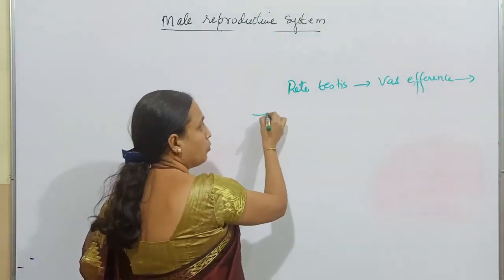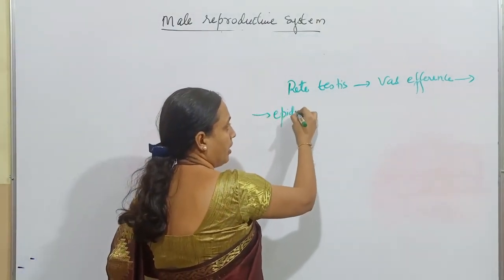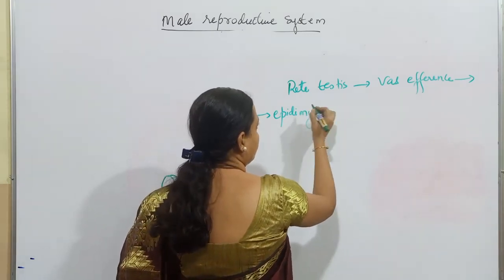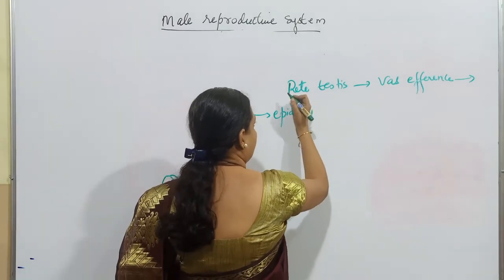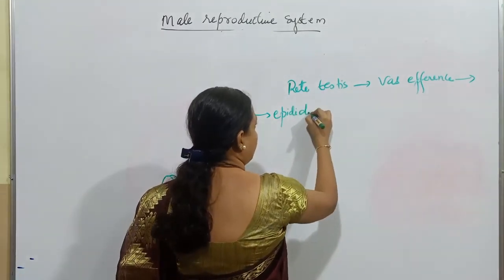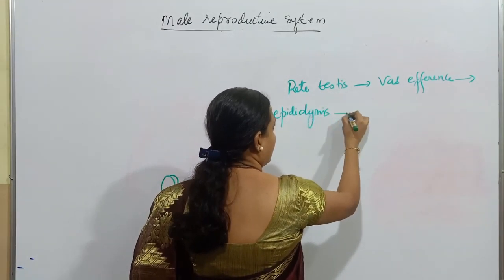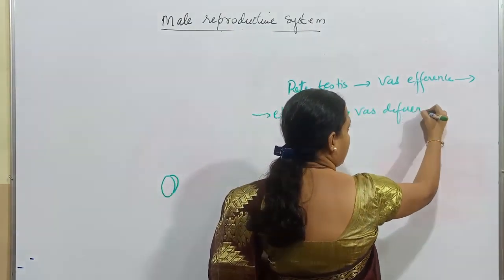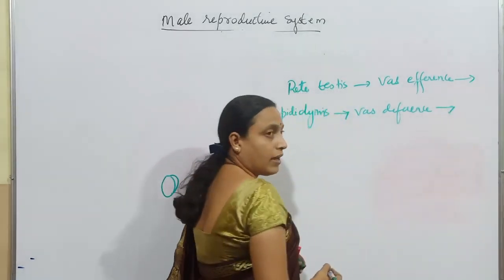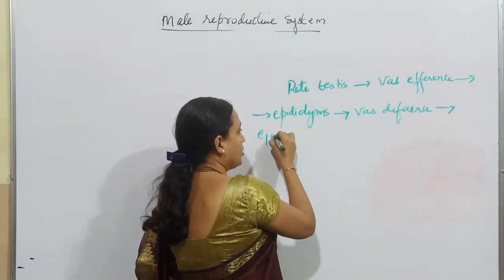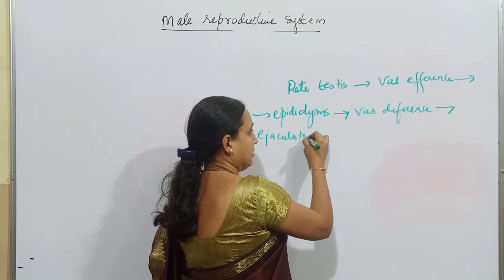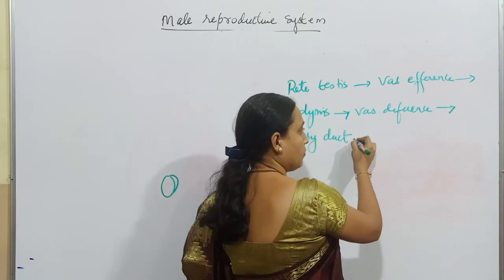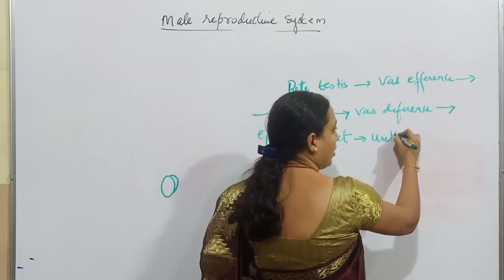Then it will move to the epididymis, and the next will be the vas deferens, and the next will be the ejaculatory duct. The next part will be the urethra.